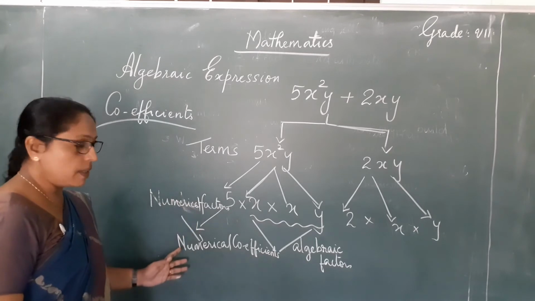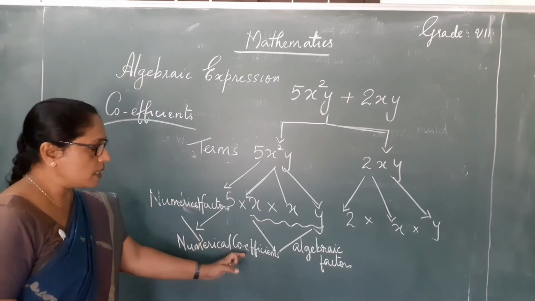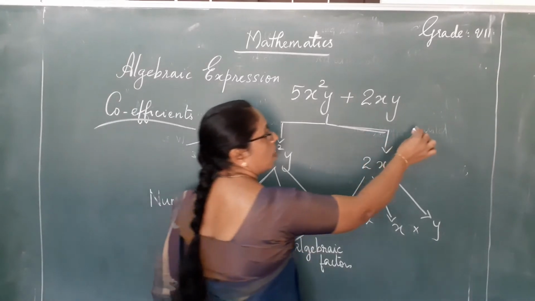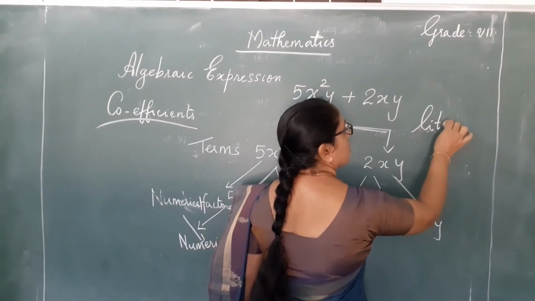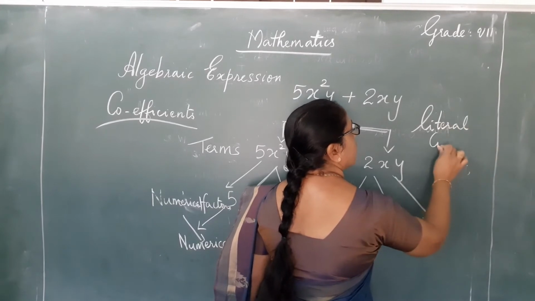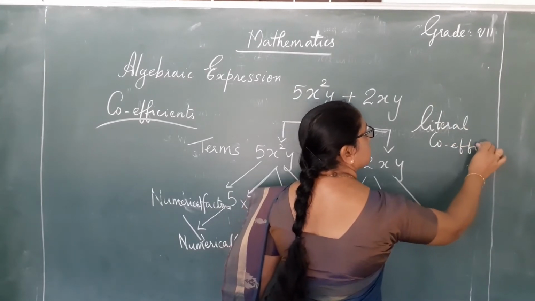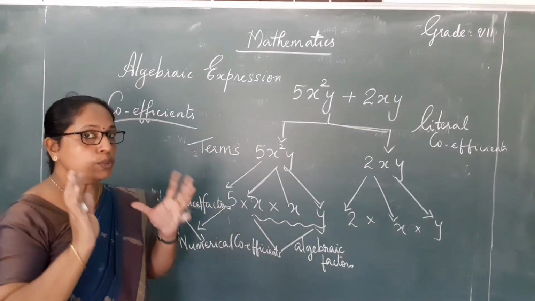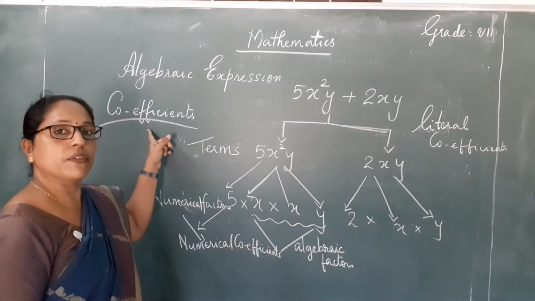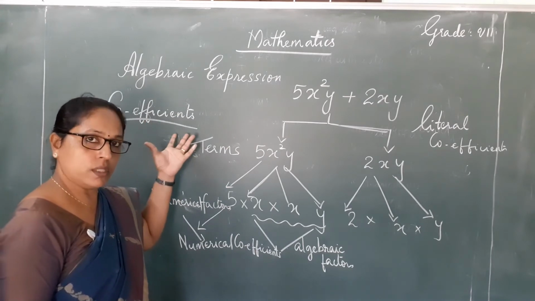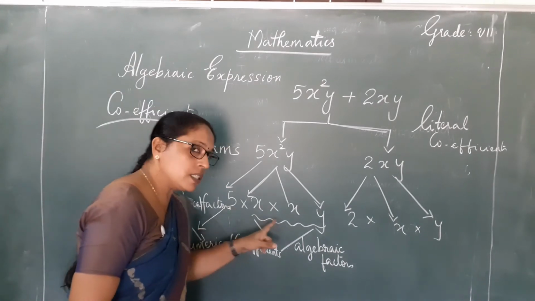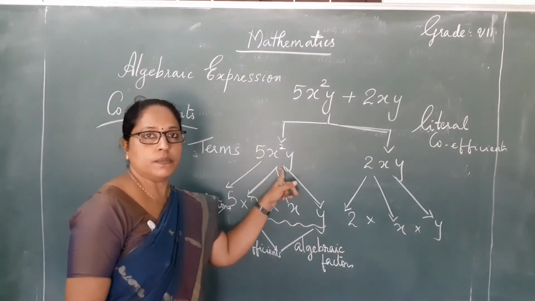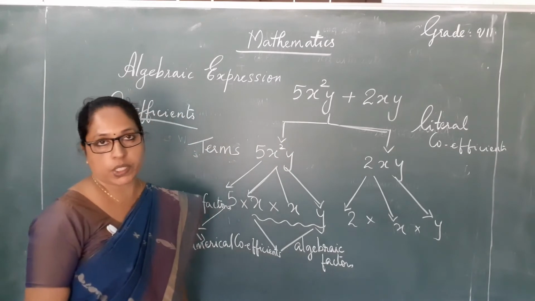Numerical factors are called numerical coefficients, and algebraic factors are called literal coefficients. So what are coefficients? Coefficients are the factors present in each term of the algebraic expression.